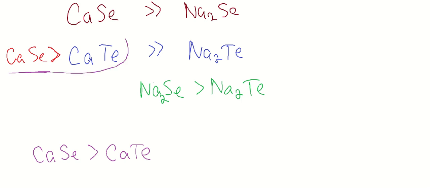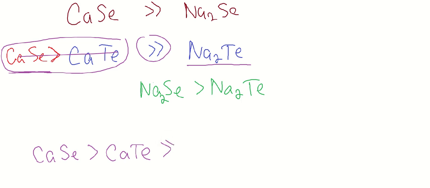I'm just copying there. So we've done that part. Now, this is much greater than sodium telluride, so let's do that. Actually, this guy we need to squeeze in there too.